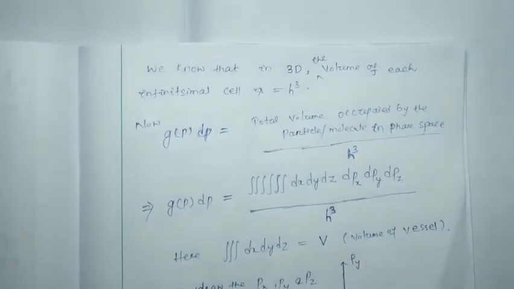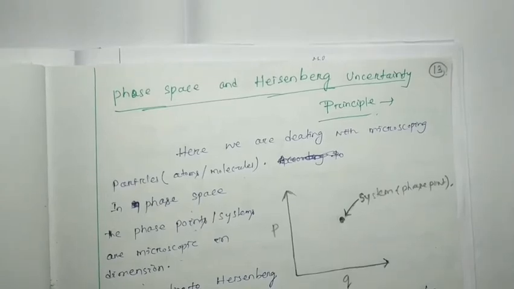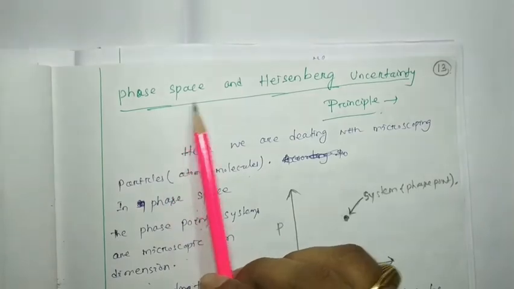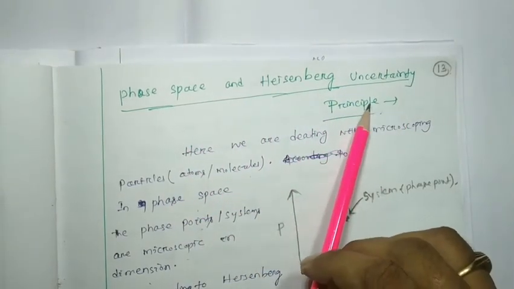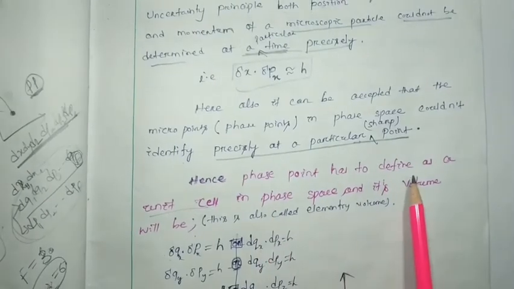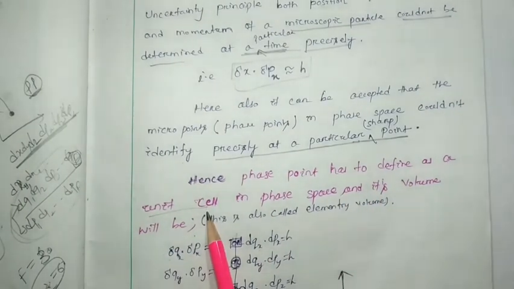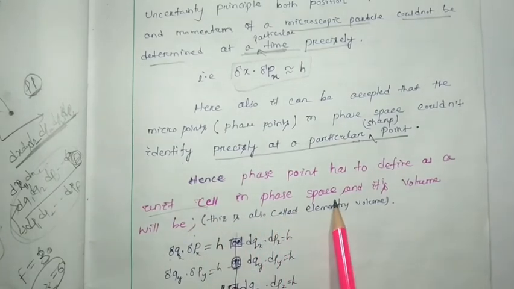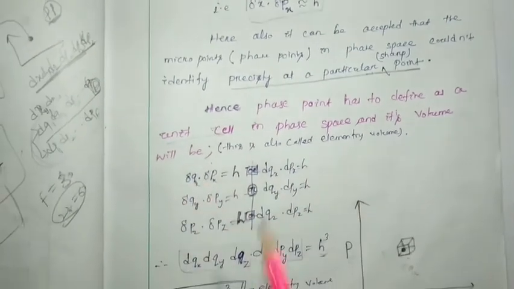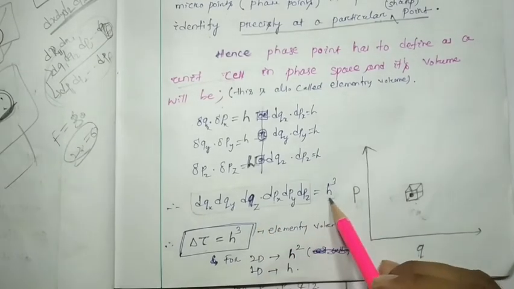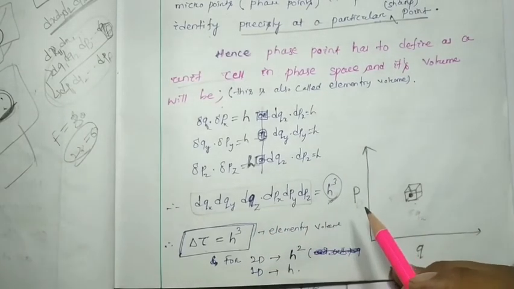I am going to show you; you can check your notes from when we discussed phase space and the Heisenberg uncertainty principle. There we found that we have to define a unit cell in phase space, and its volume, for a 3D case, will be h^3.